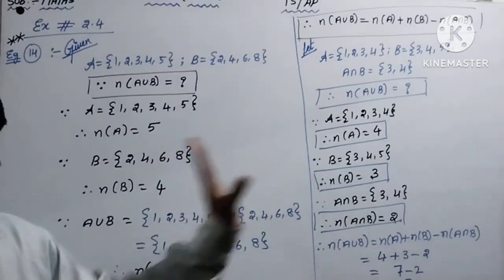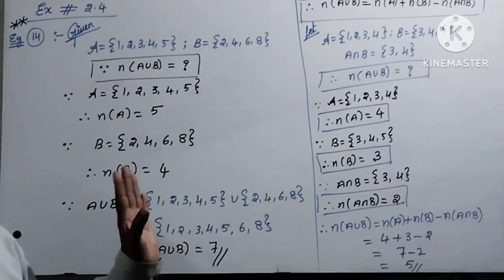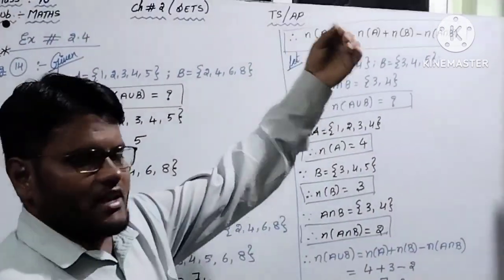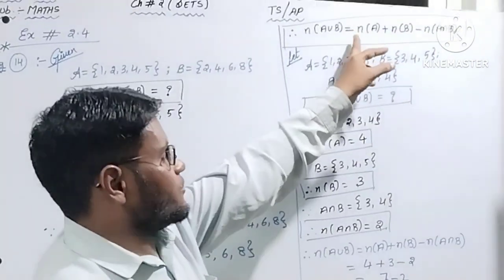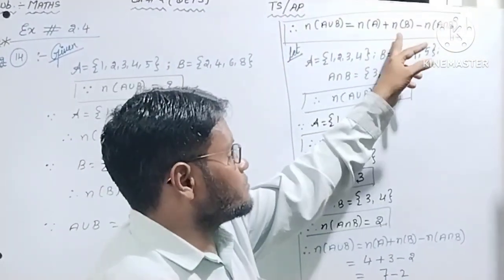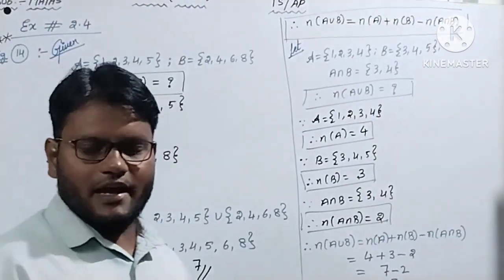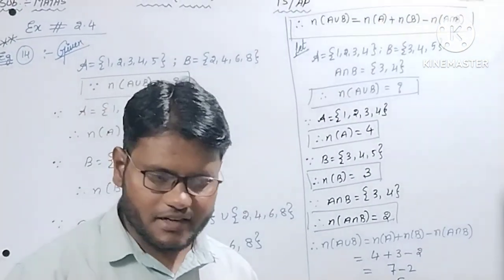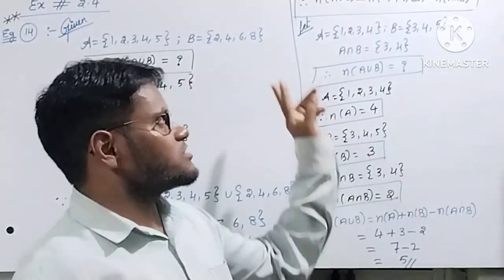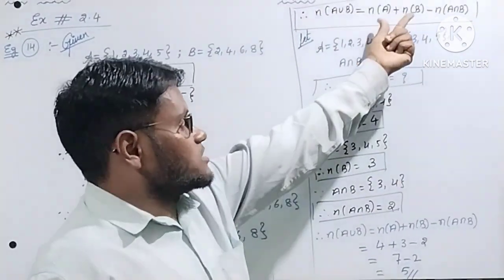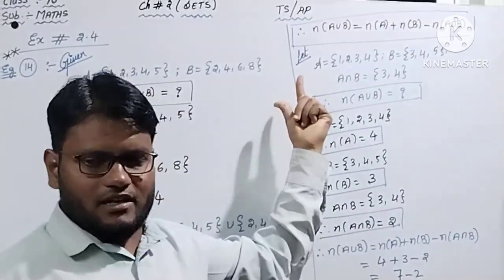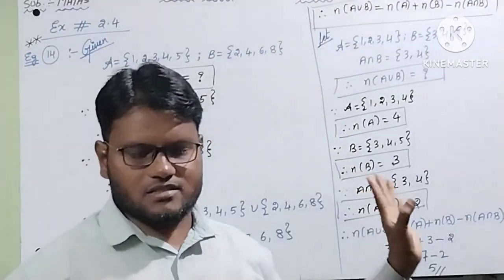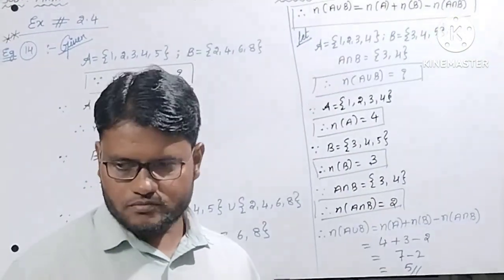See once more. Sometimes n of A and n of B are given, but n of A intersection B is not given, so you have to find n of A intersection B. Use this formula only. Transpose the values to the left side, plus will change to minus, and then solve.